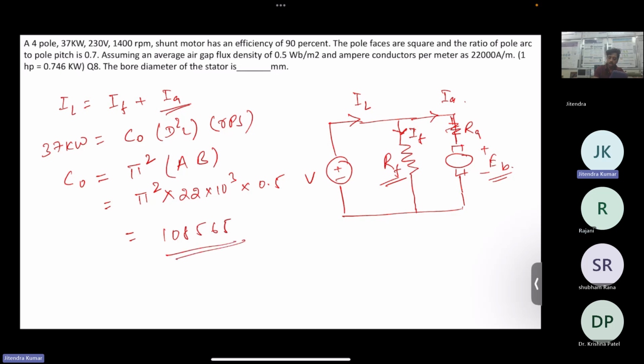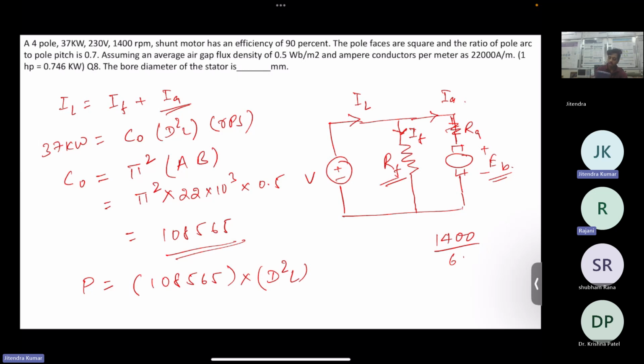Now for power: 108,565 into d square L into RPS. How much will be RPS? 1400 RPM divided by 60.